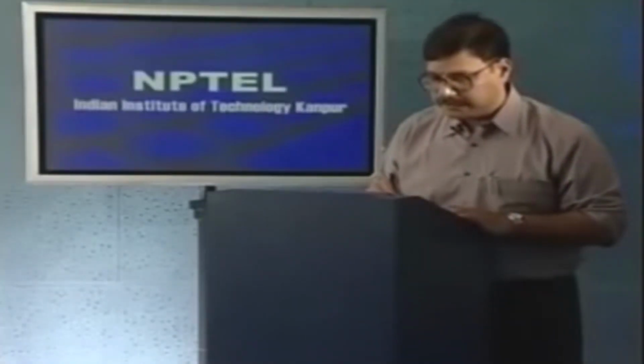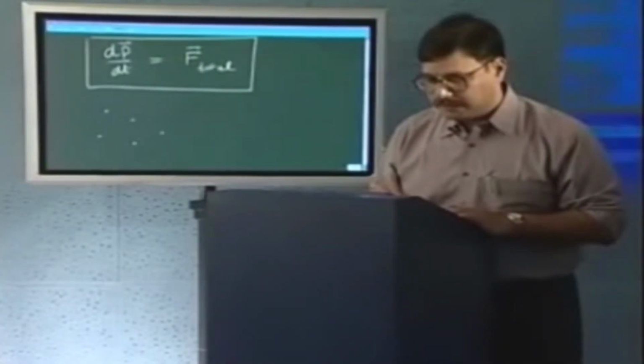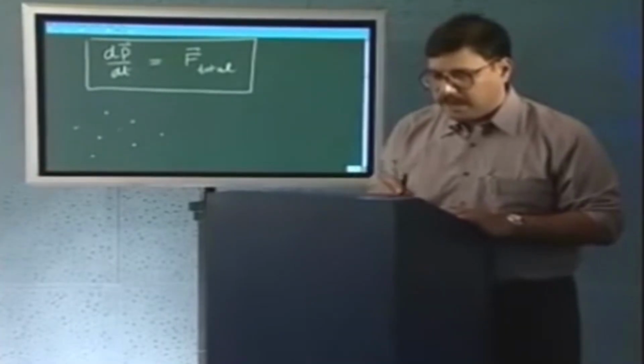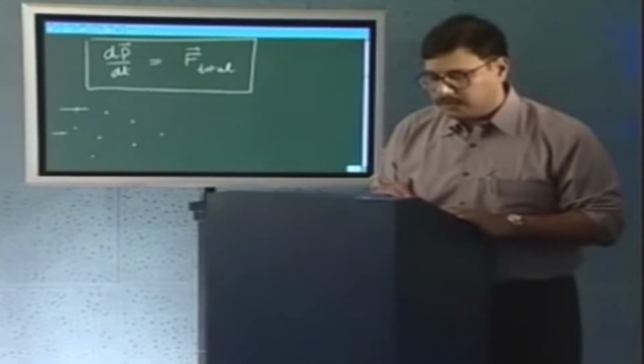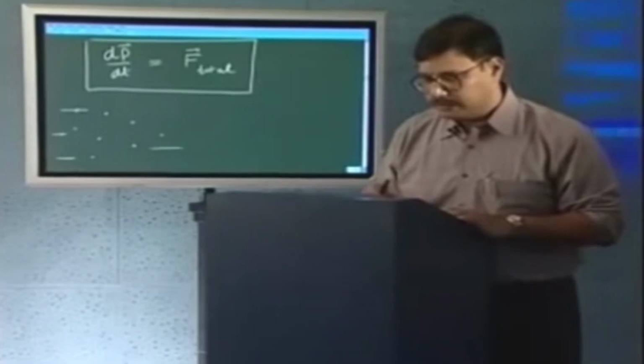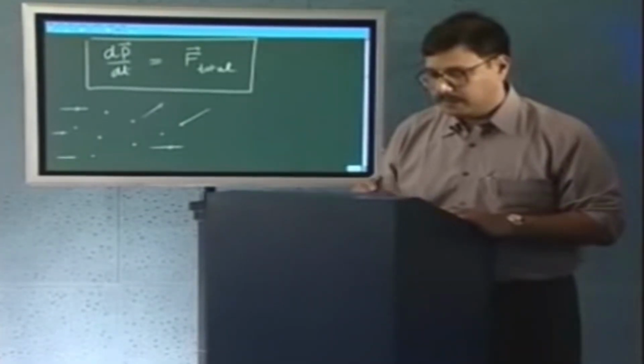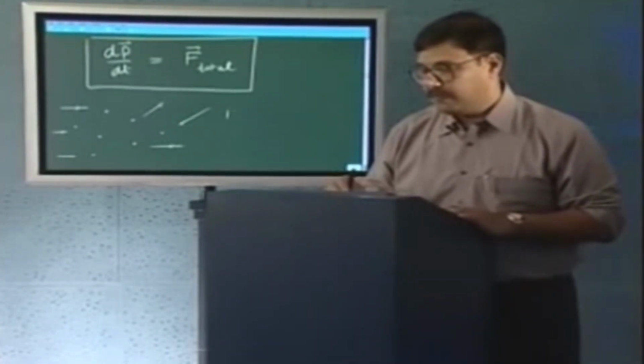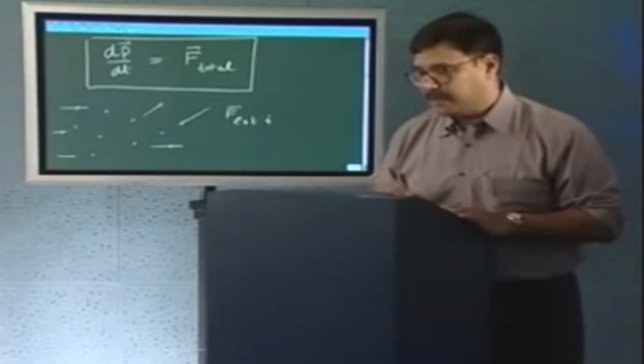I took an example of a two-particle system. Is it true in general? Let us see. Suppose I have a collection of particles, many of them, and I apply an external force on each one of them, which I will call F external on the ith particle.